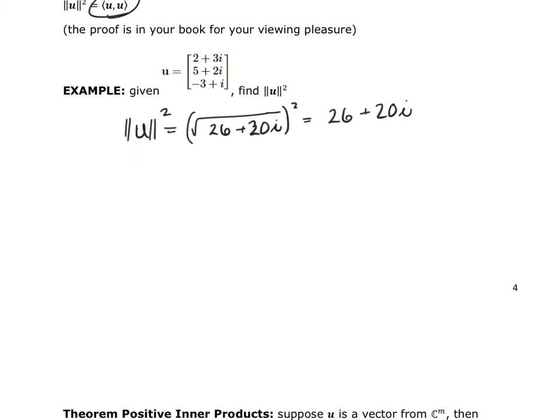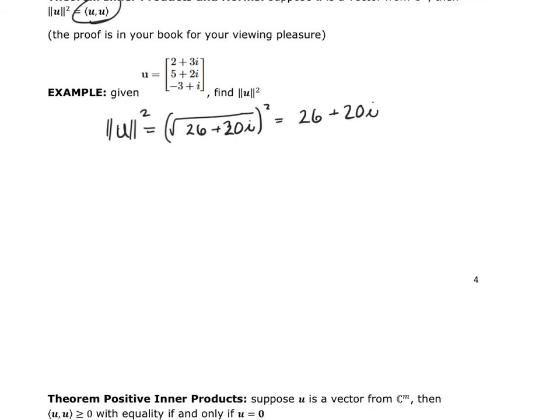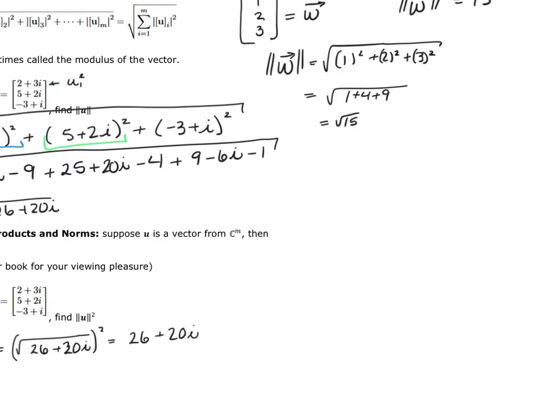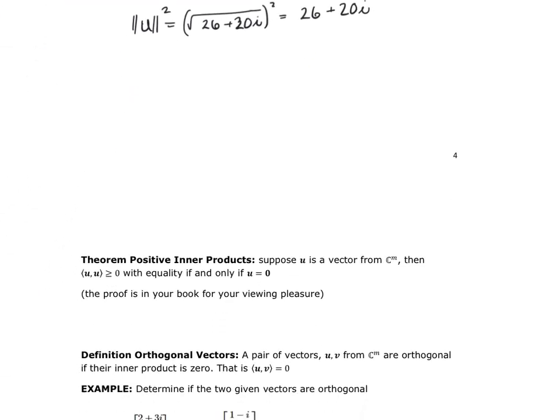You should verify that yourself. Similarly, if I did the same example here and I wanted to find the norm squared, it's just going to give me 15. Just something to think about. All right.